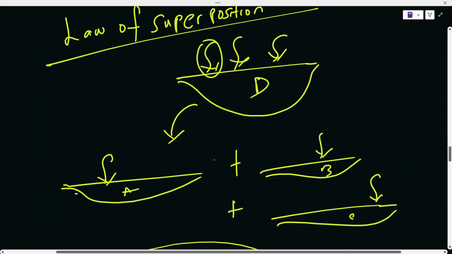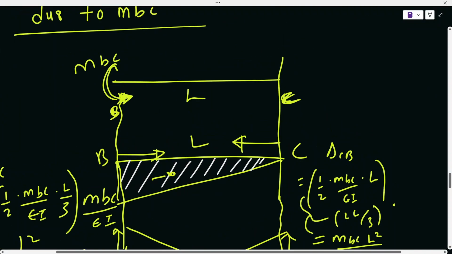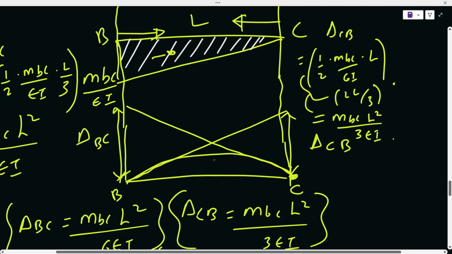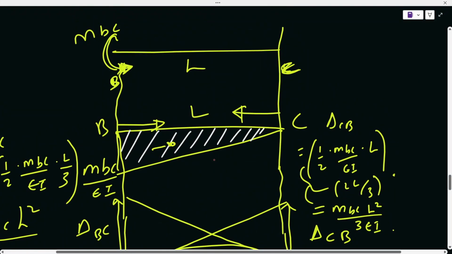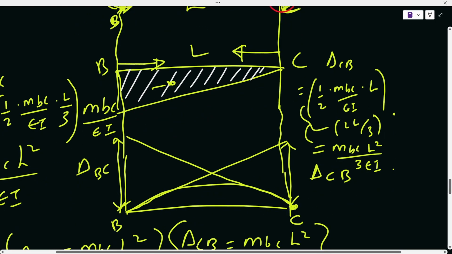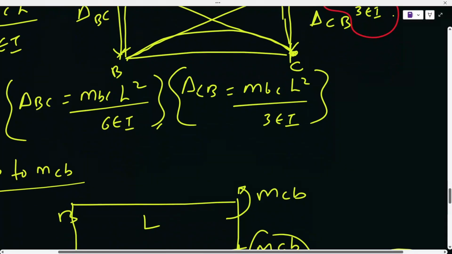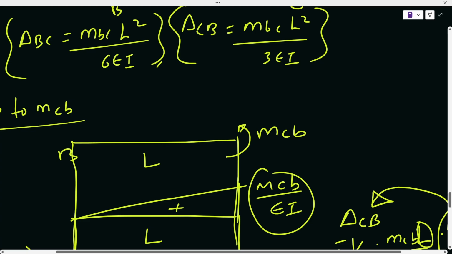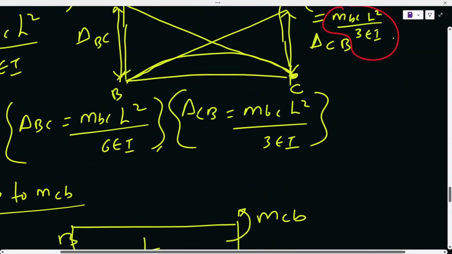Okay, let's start with due to MBC, and let's start with the right hand side. We pick this first. We're dealing with the deflection on this side now. For this one, we have noticed that the deflection is MBC L square over 3EI.